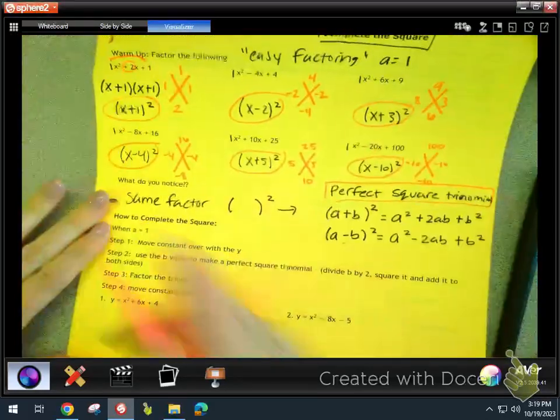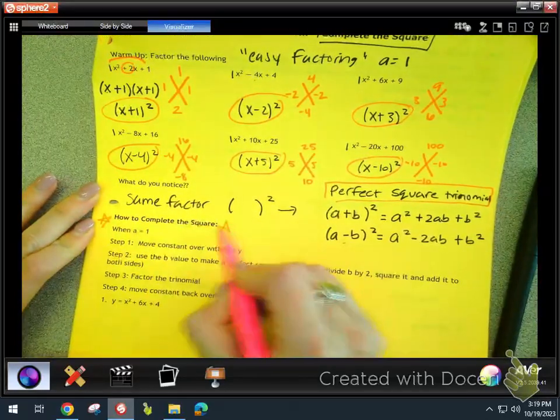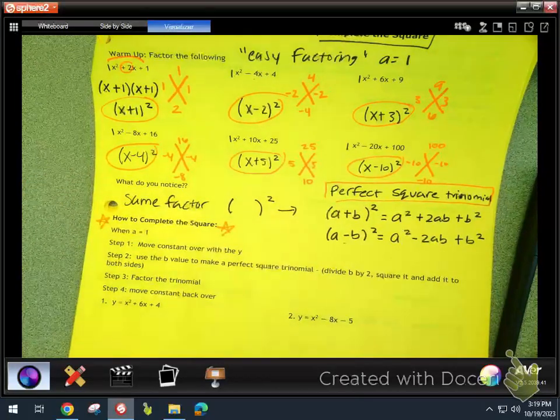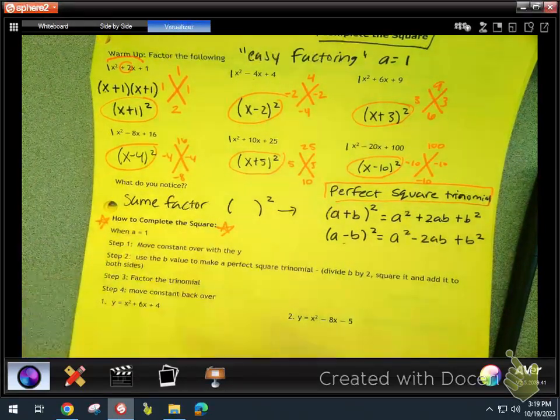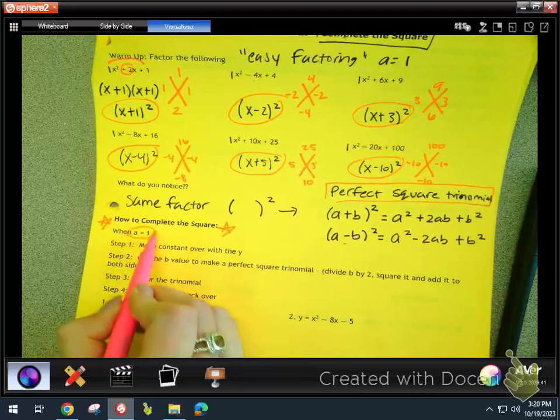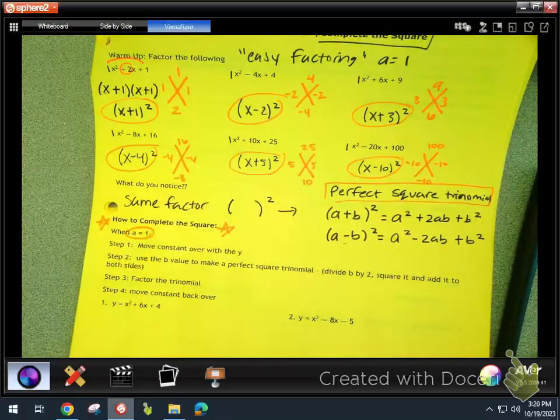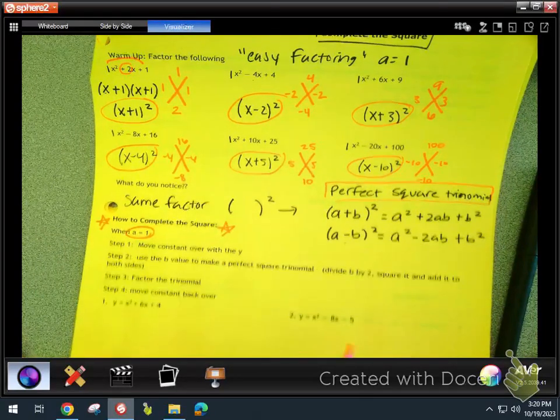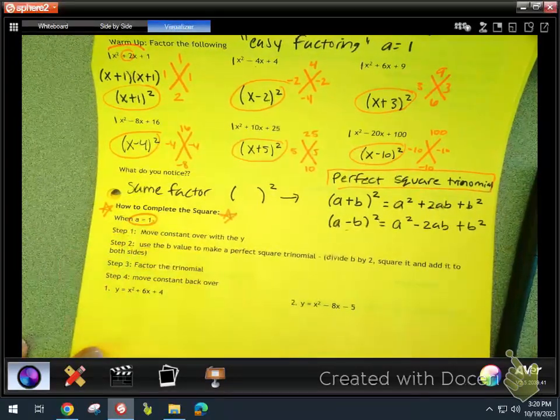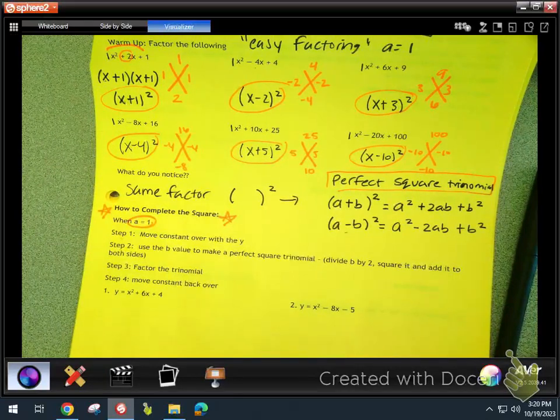So here's our process: how to complete the square. We're going to start out a little bit basic. I say there's easy factoring versus hard factoring, and that's a night and day difference. With completing the square, when the a value is 1, technically it's a little bit easier, but it's not a night and day difference like it is with factoring. So we're going to start with that, and then on the back page, we're going to do a couple problems when the a value is not 1.